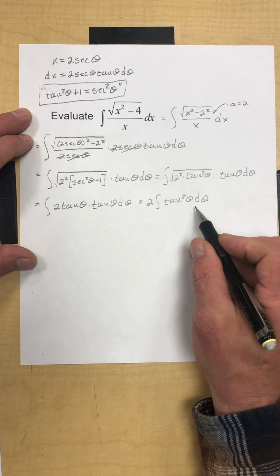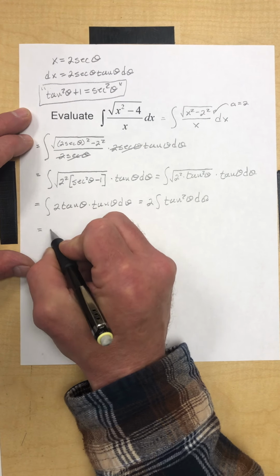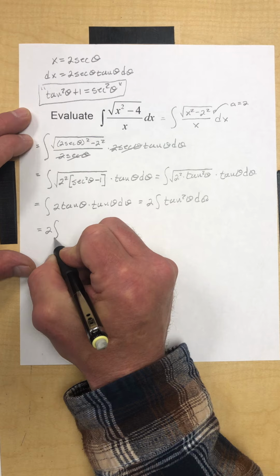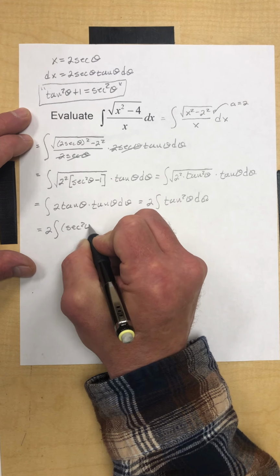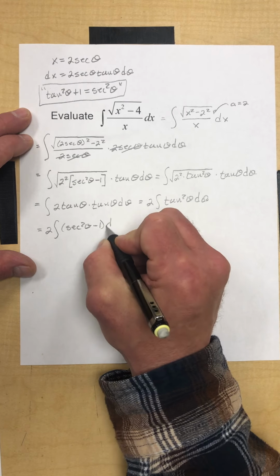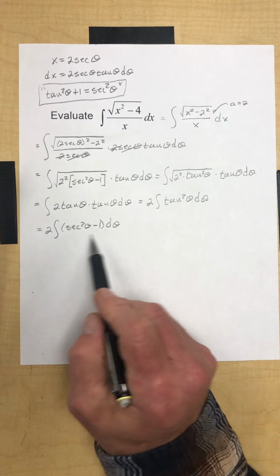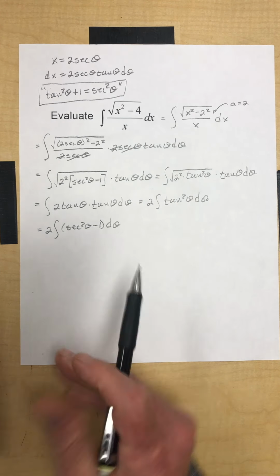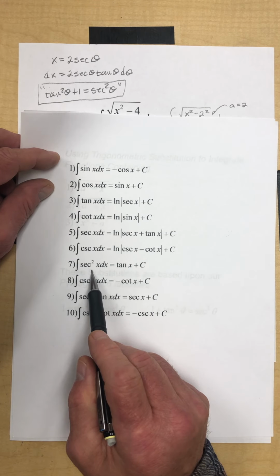So tangent squared would be secant squared minus 1. So we get 2 times a quantity of secant squared theta minus 1 d theta. Now you say, well, why do I want to do that? Well, number one, we can integrate 1 d theta, and right here we can integrate secant squared d theta as well. So we're in good shape here.